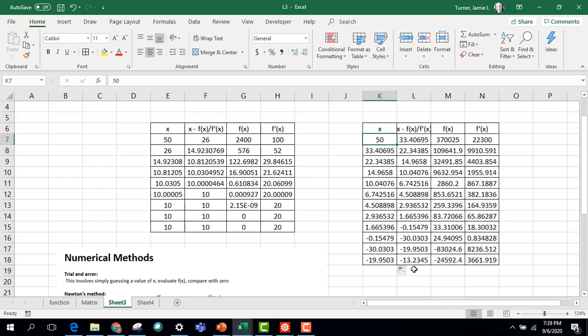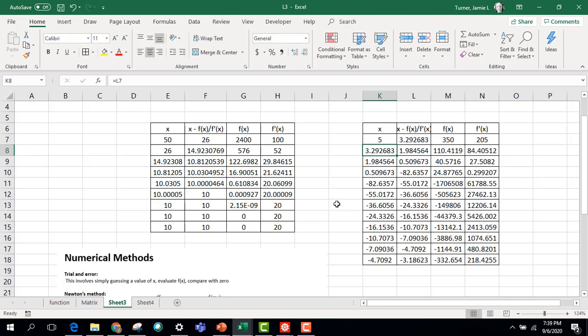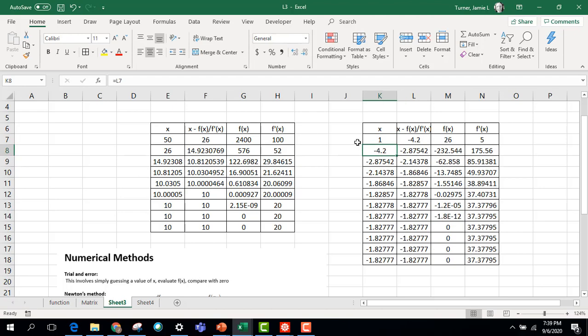So this one is not converging. We've maybe overshot it. So instead of 50, we'll try 5. Let's see. I'm going to try a little bit smaller here. There, okay. So if you start with the right guess, now it is converging.